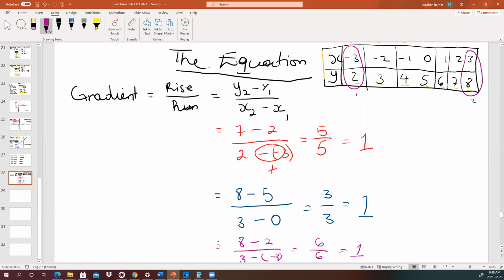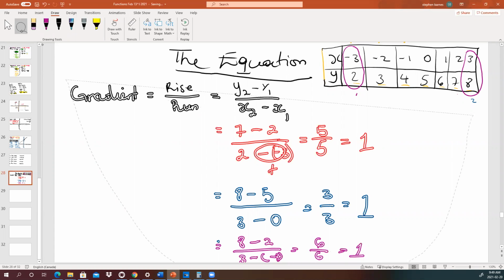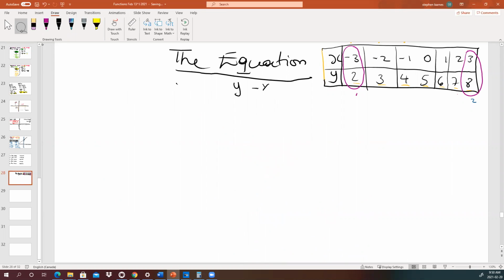All right. So I'm just going to put it aside that our gradient for this function is equal to +1. So the gradient, which is m in the formula, is equal to +1, right? So let's talk about c now.